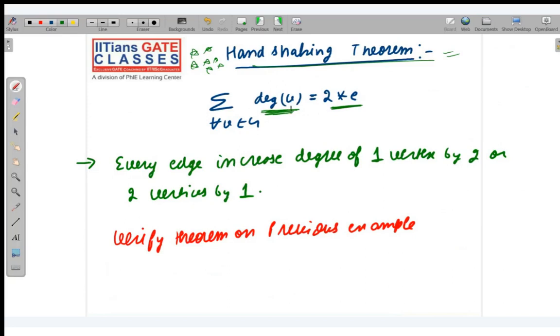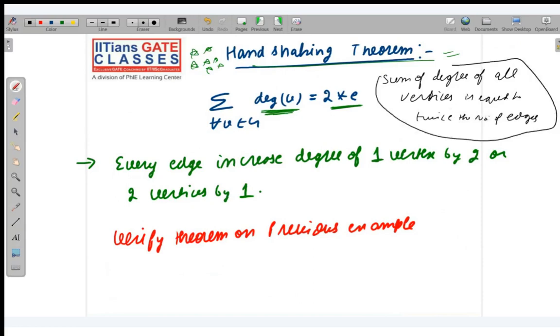In English: the sum of degrees of all vertices is equal to twice the number of edges.